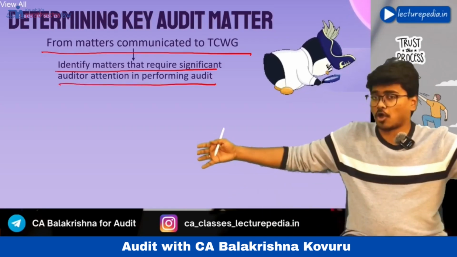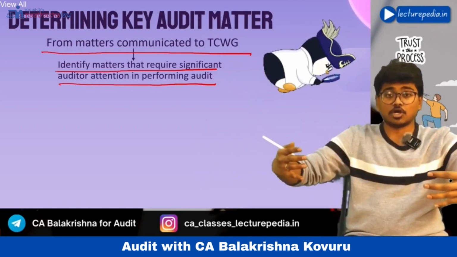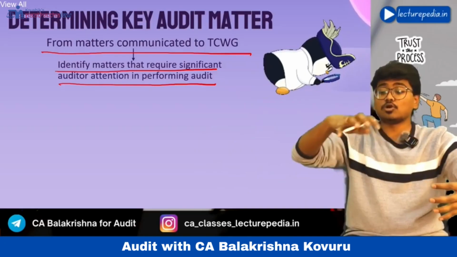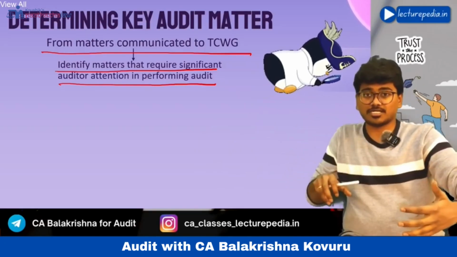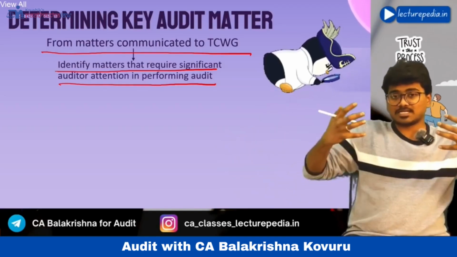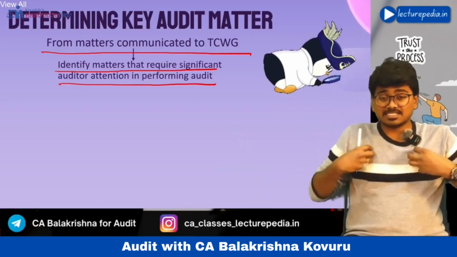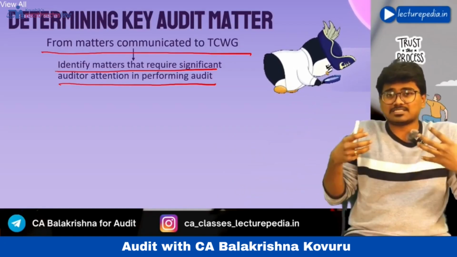From all the matters communicated to those charged with governance, the auditor needs to identify those that require his significant attention. He takes up all those matters where he feels his attention is required.